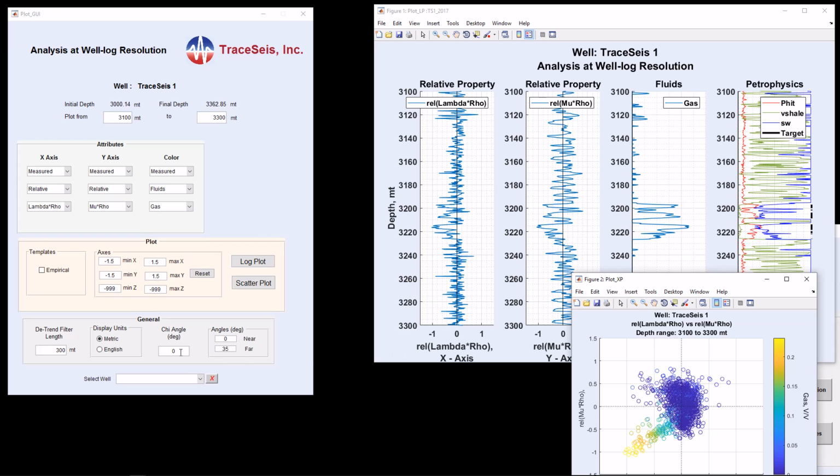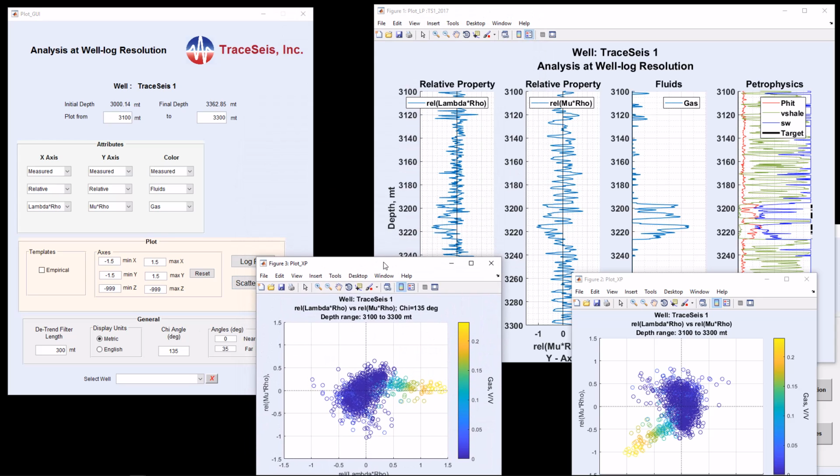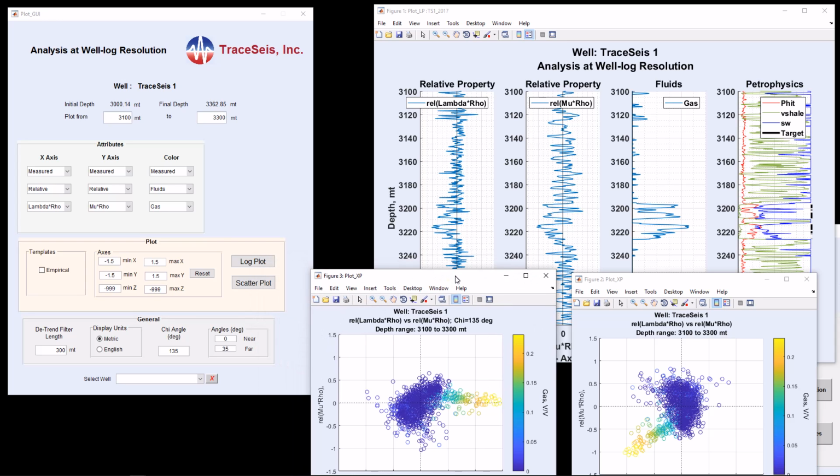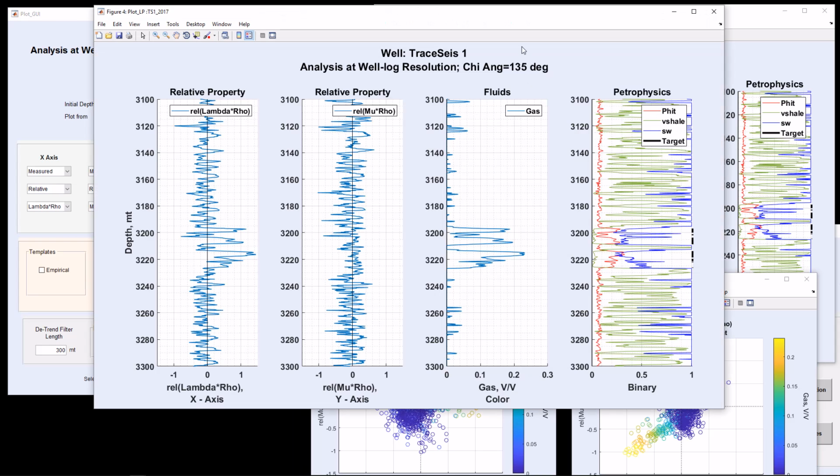So for that we're going to do an axis rotation of 135 degrees. What this does is that it's going to rotate the data with respect to the coordinates 135 degrees, trying to put all the points in the reservoir in the x-axis. Let's check the log plot, see how this looks in the log plot.